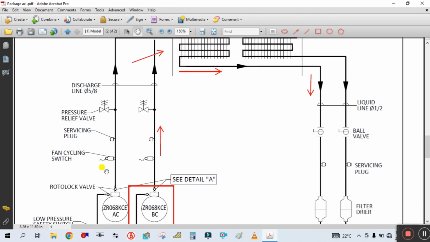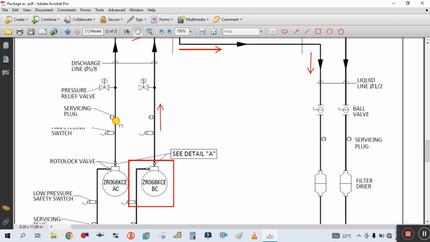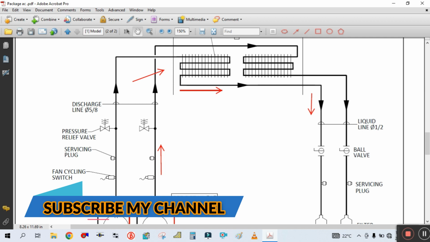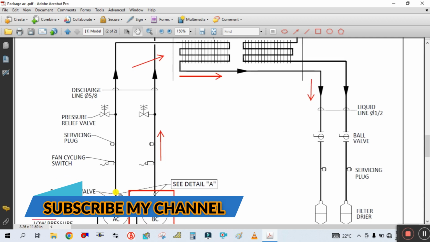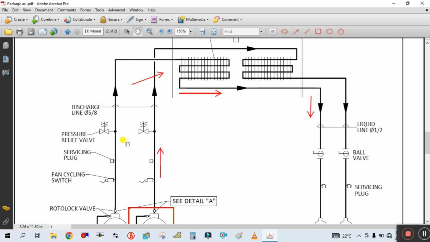Once it enters the compressor, it will be compressed again, and due to this compression, the temperature and pressure of the refrigerant will increase again. Because of this high pressure, it will pass through this discharge line and enter the condenser coil.